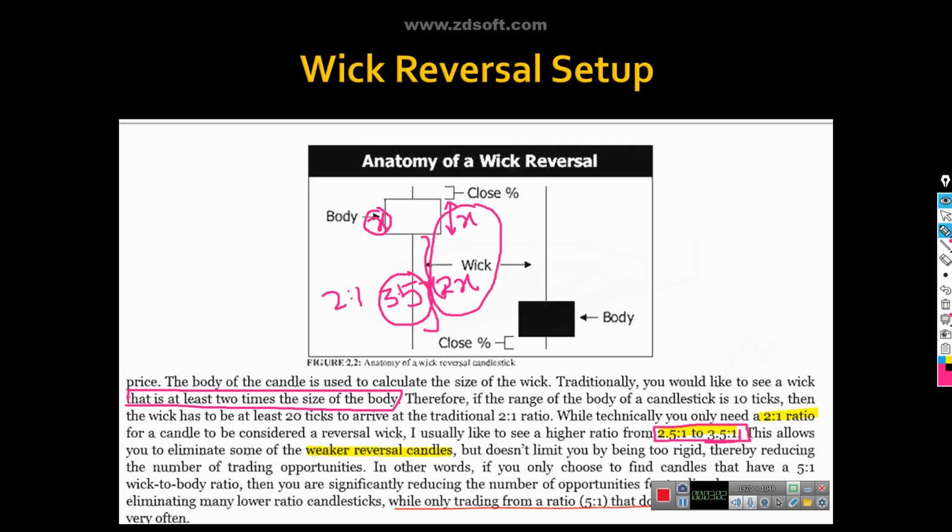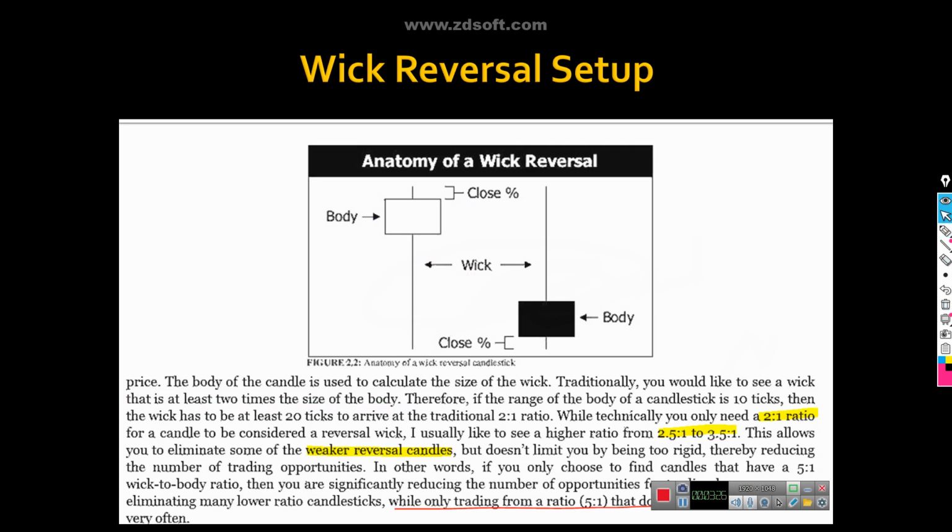By following these higher ratios, you can avoid weak reversal candidates. But if you follow 5 to 1, you will get very few trading opportunities, but they will be very high probability. I'll explain it in the chart, then you will be clear. Moving on to the next slide.